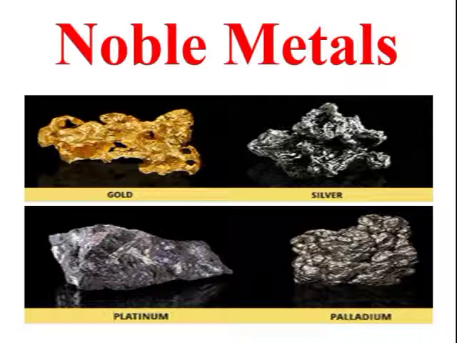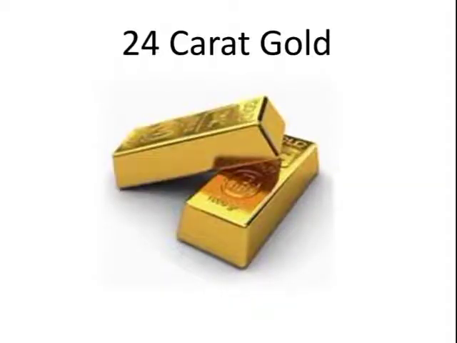Some metals like gold, silver, platinum, palladium and also rhodium are noble metals. They occur in nature in the elemental state. Gold which is 100% pure is called 24 karat gold. Pure gold is soft.